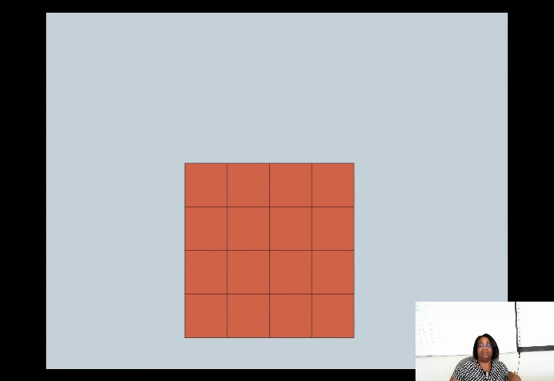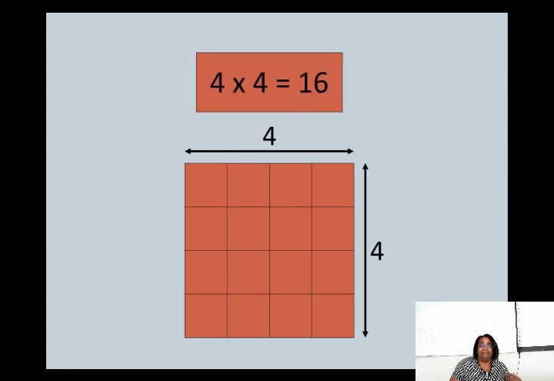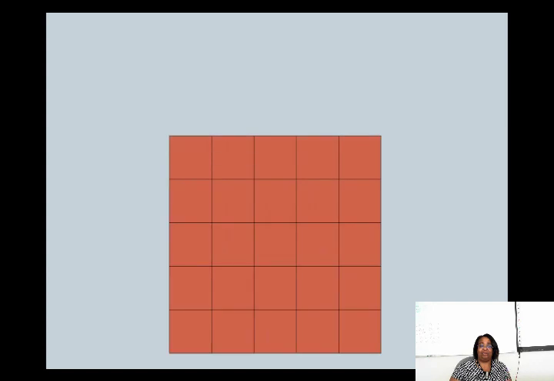There's 16. So what's the square root of 16? 4. See, it's easy to see it when it's visual like this and you have 4 blocks. It's so easy to see the square root. So the square root of 16 is 4. And this one is 5 and 5, so this is 25. So what's the square root of 25? 5.